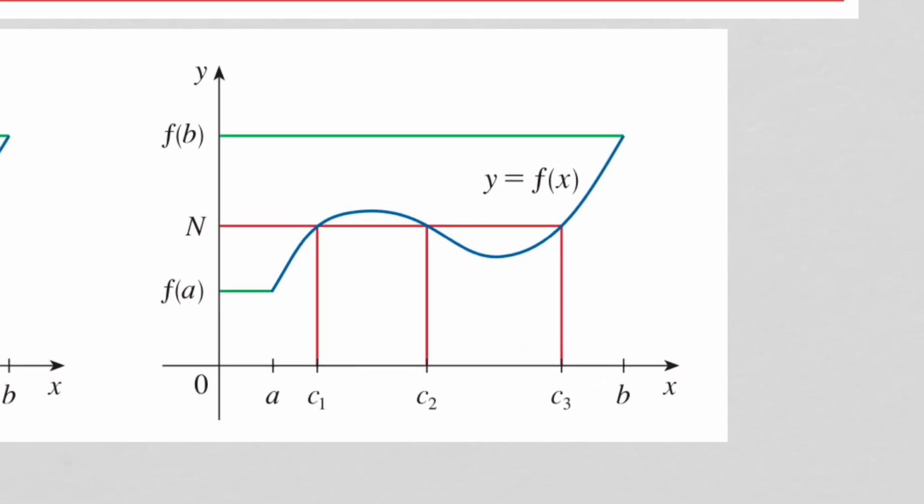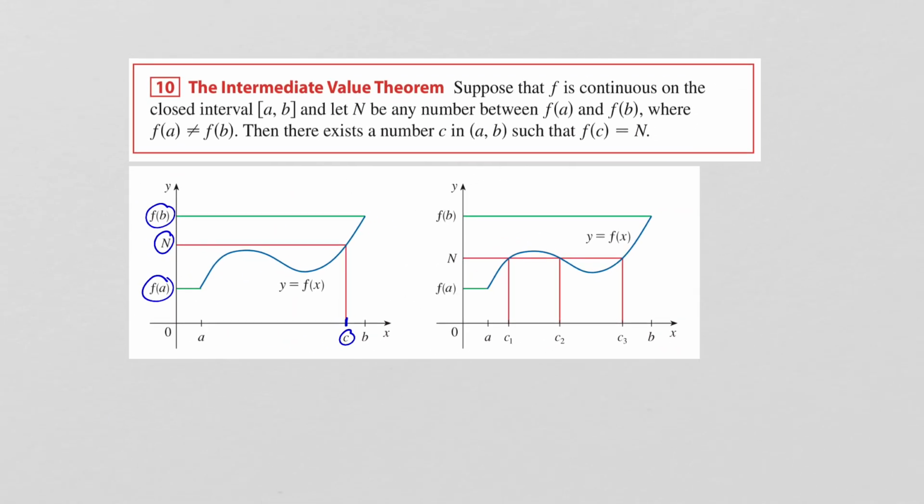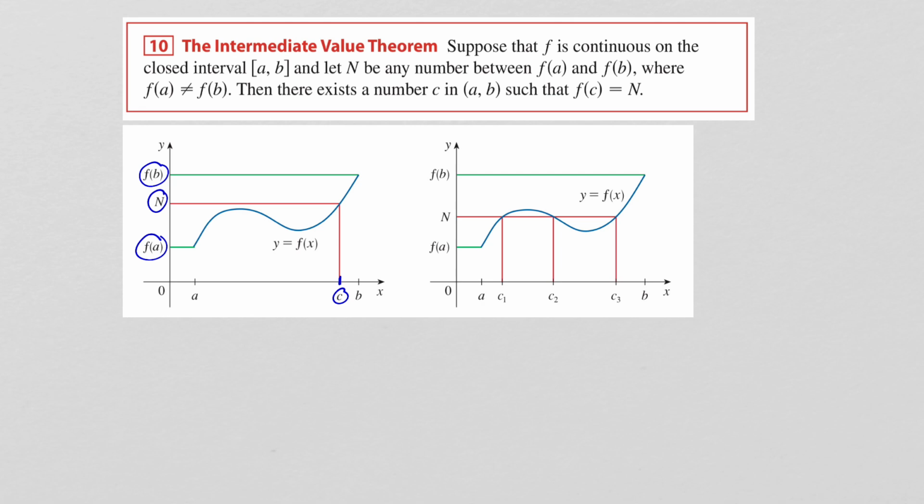So here we have the same scenario, a continuous function. f(a) and f(b) are different. I pick a number n in between f(a) and f(b), and notice now that there are 3 values that correspond to that number n. This is what we call the intermediate value theorem, and it's true because the function is continuous.